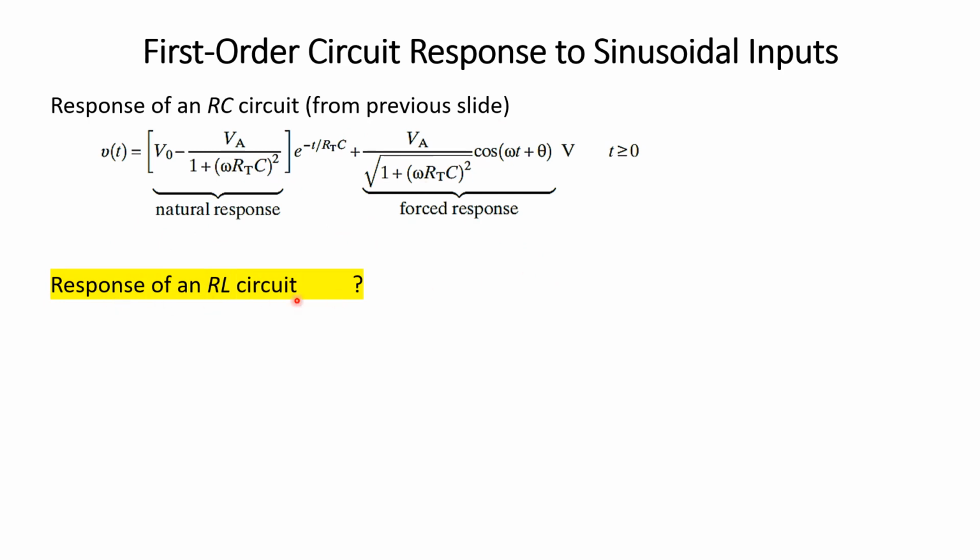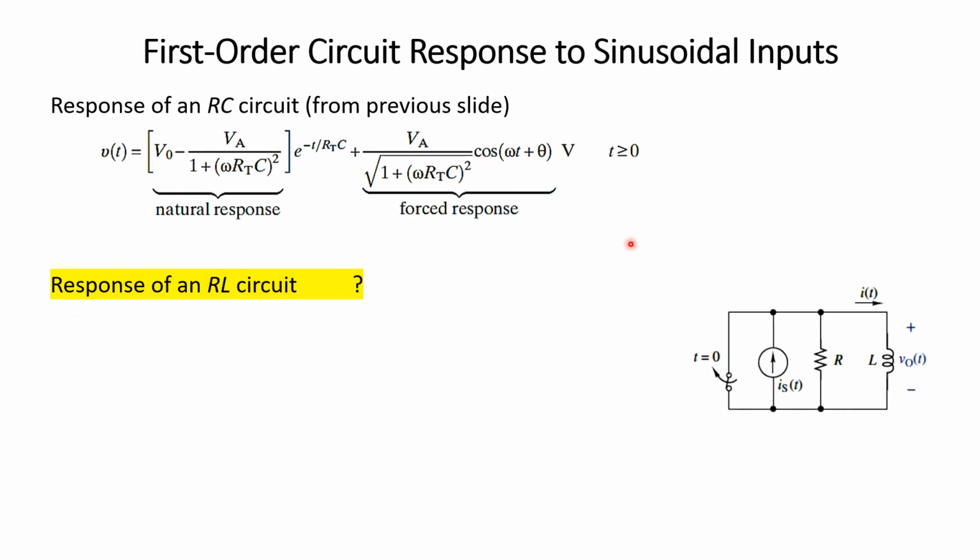Now, response of an RL circuit. This is the response of an RC circuit. For the RL circuit, you can follow a similar procedure in order to find the response. Response of the RL circuit means the current flowing through the inductor, because current is the state variable.